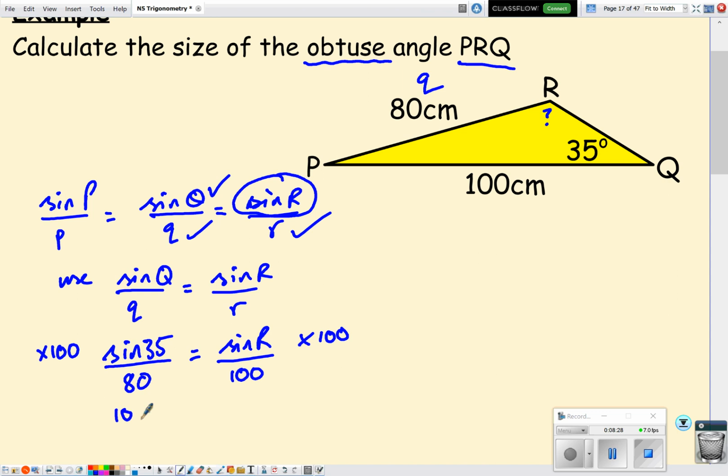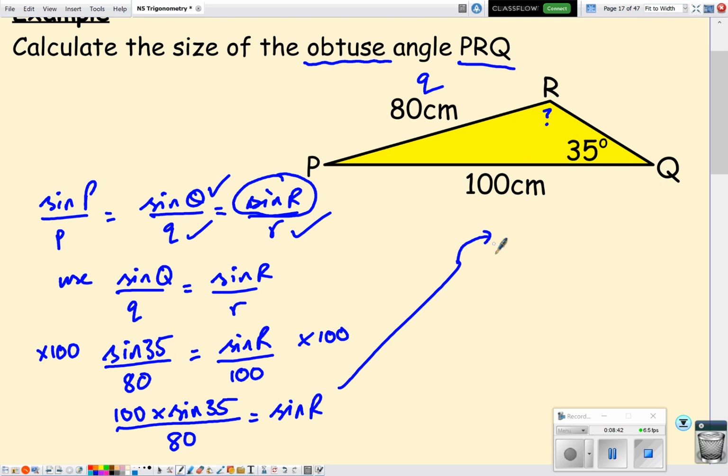So that gives you 100 times sine 35 all over 80 equal to sine R. Now, from there, sine R comes out to be 0.716. So again, remember, be careful when you're putting it in the calculator, closing any brackets off, etc.